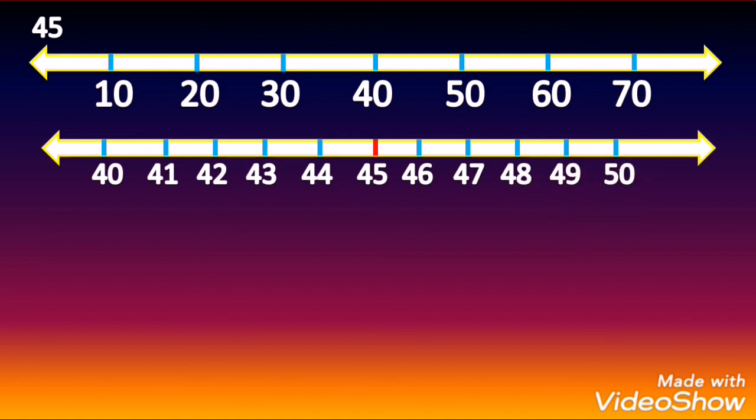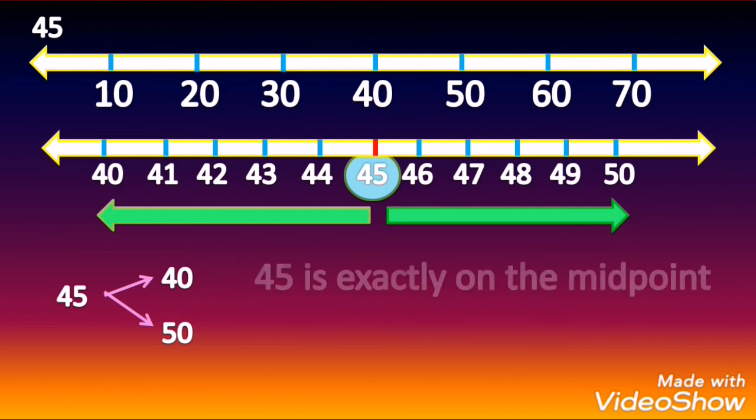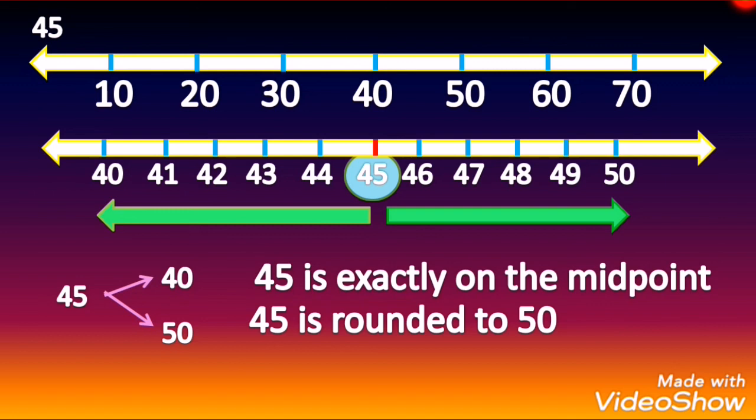So you can see 45 is at equal distance from 40 as well as from 50. 45 lies on the midpoint and it is at equal distance from 40 as well as from 50. So 45 is exactly on the midpoint, so it can be rounded to 50. So 45 can be rounded up to 50.